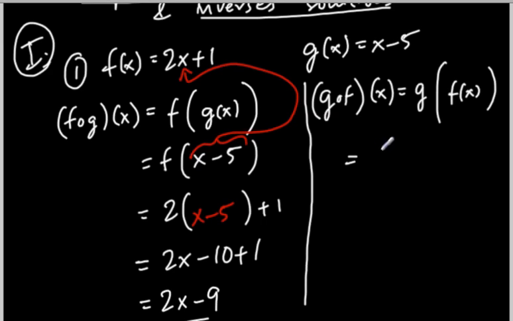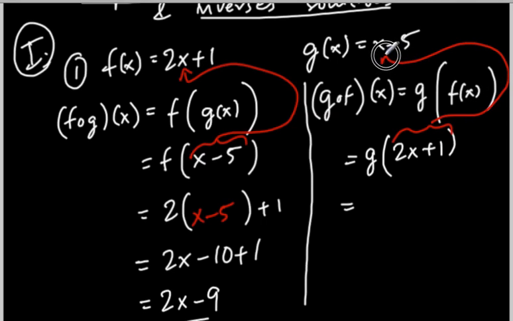I'm just going to put my equal signs here because I need some room. My f of x is 2x plus 1. Now I'm taking my argument right here and plugging it in for that x. Instead of that x, I'll put whatever's in the argument and then minus 5.